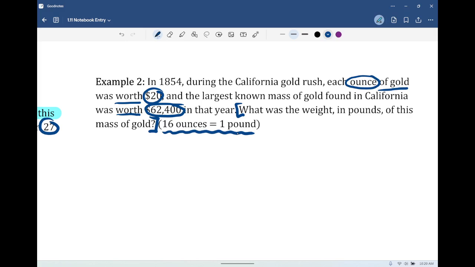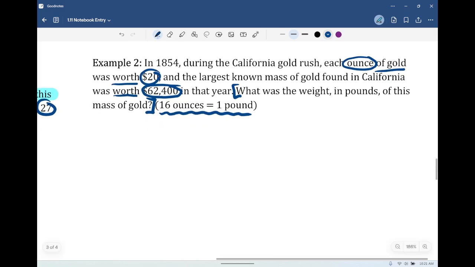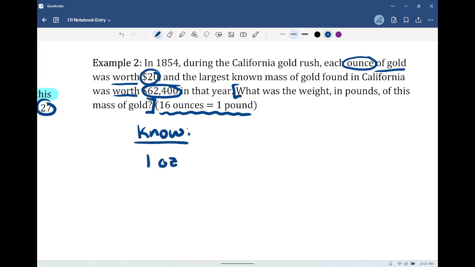And so while I'm going to set up this proportion, in my head already I know I'm going to have to do a unit conversion. Okay, well, let's set up similar to how we have been. I know that 1 ounce, which is OZ abbreviated, was worth $20.